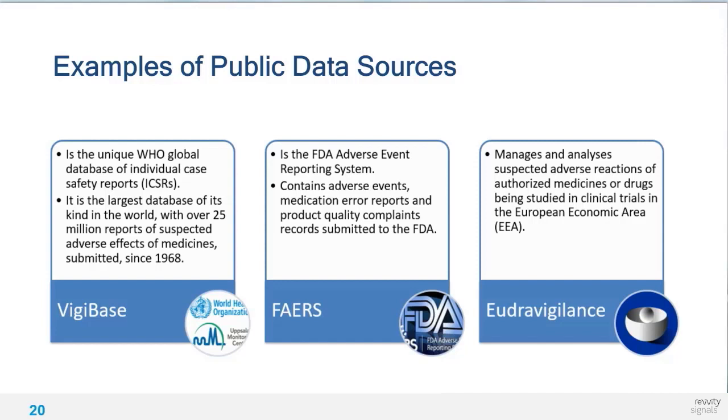It contains adverse event reports, medication error reports, and product quality complaint records that are submitted to the FDA. And also EudraVigilance, a system that manages and analyzes suspected adverse reactions of authorized medications or drugs that are still being studied in clinical trials in the European area.